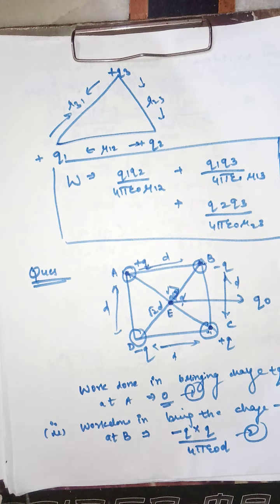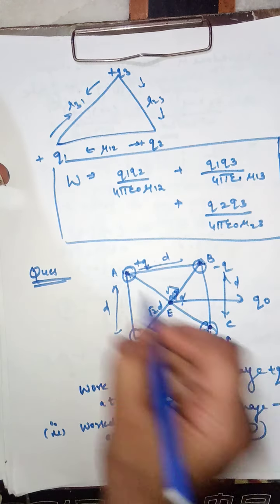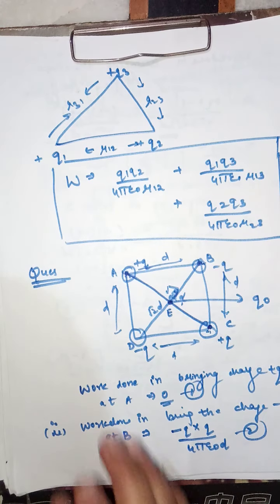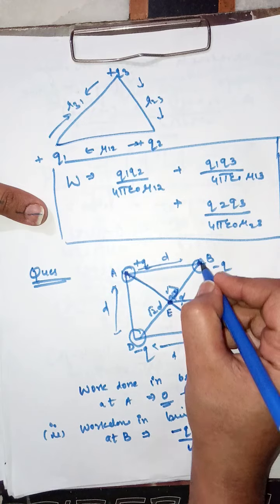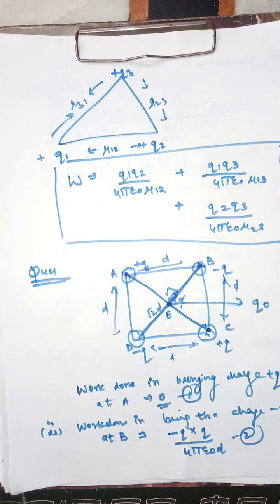The extra work done for this is equal to 0 since the potential due to A and C is cancelled by the potential due to B and D. Hence, no work is required to bring any charge Q naught, of any value, to the point E or the center of our sphere. No work is required.